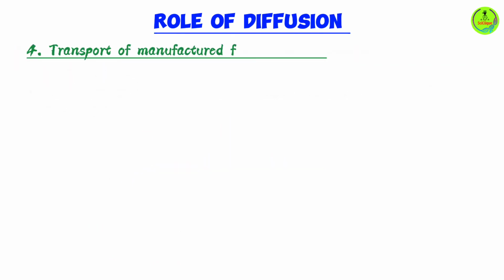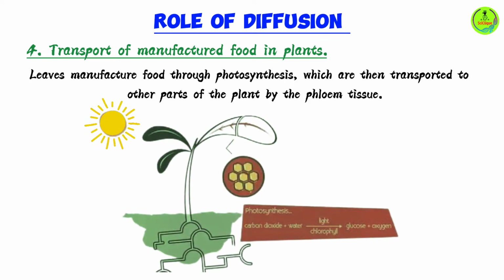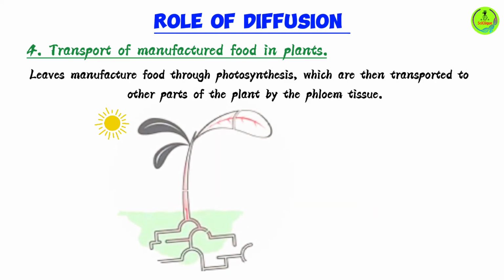Now, another important role of diffusion is that it's involved in transport of manufactured food substances from the leaves to the rest of the plant. When it comes to a plant, it's actually in the leaves where food substances are manufactured through the process of photosynthesis. But once this food has been manufactured, it needs to be transported to the rest of the plant. This is where the phloem comes in.